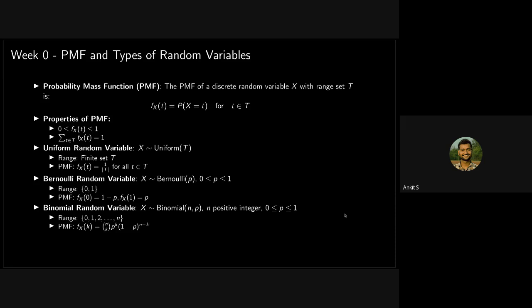Now those random variables can take some values, and they can have some associated probabilities with them. So if we have a fair coin, then x can take two values, 1 and 0. 1 will be taken with probability half, and 0 will also be taken with probability half, right? So then we have some properties of PMF.